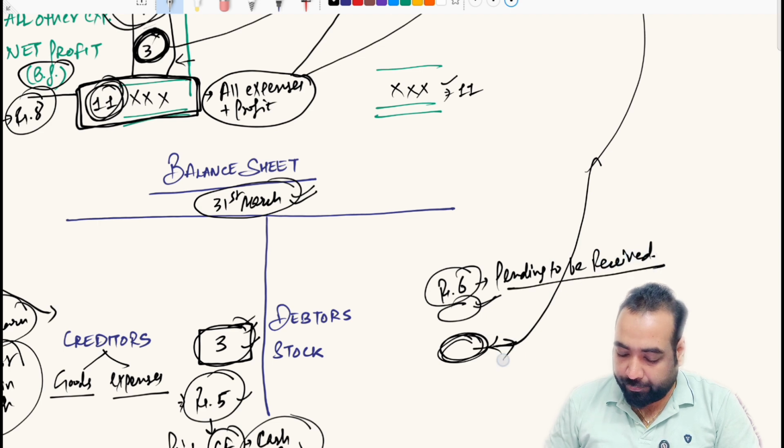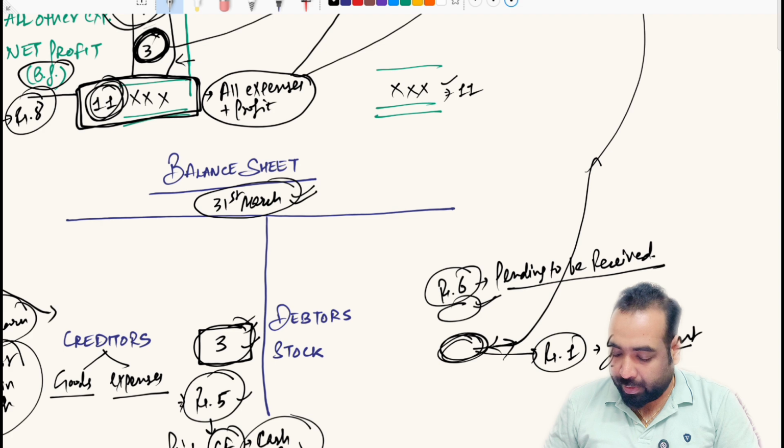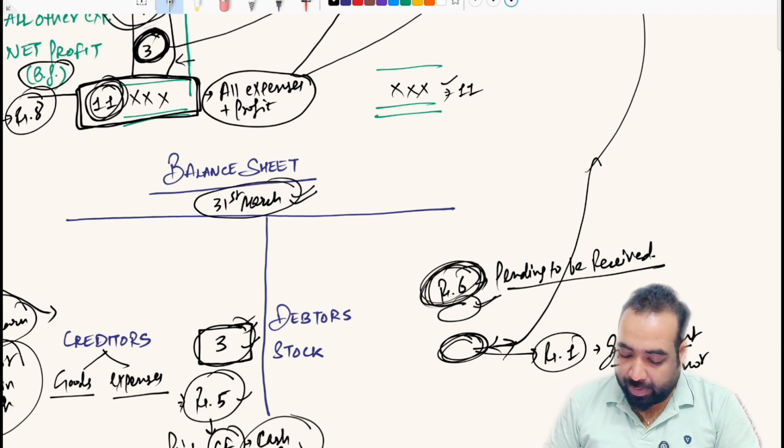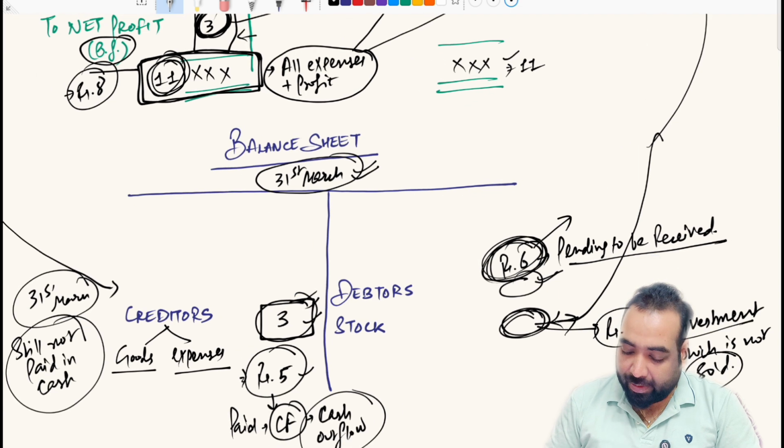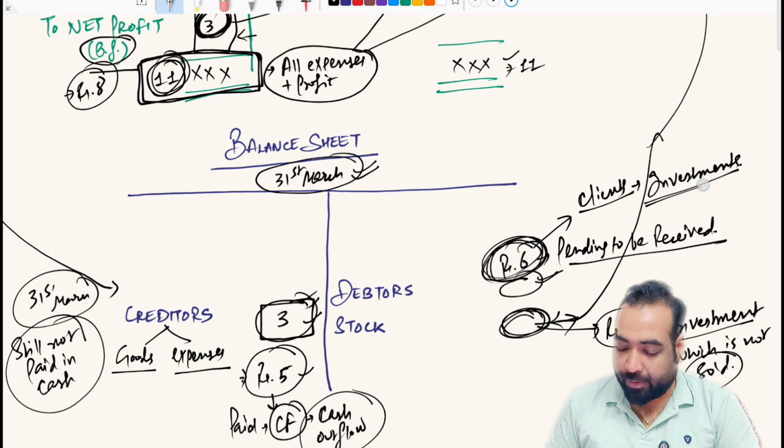This 1 rupee will show your investment in stock, which is not realized yet, not sold yet. But this is your investment. So these 6 rupees that you haven't received from your clients represent your investment only.